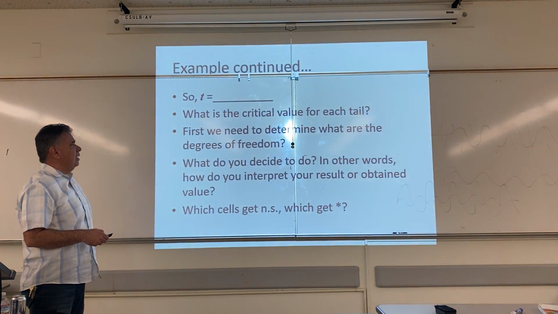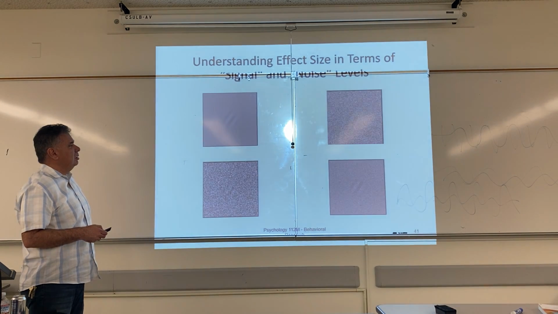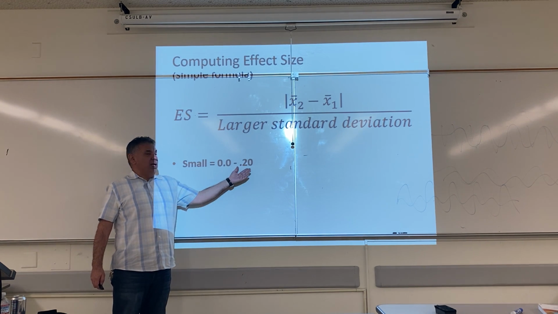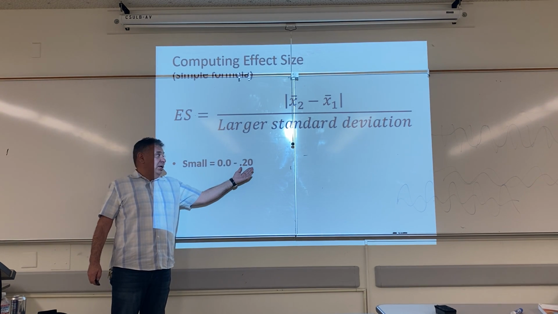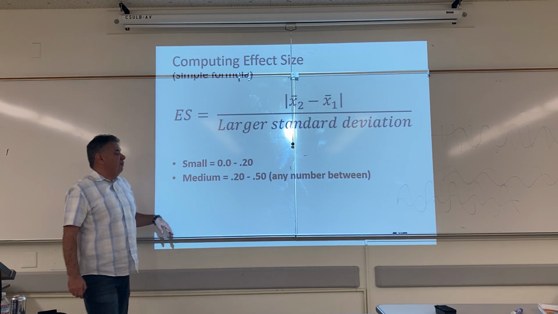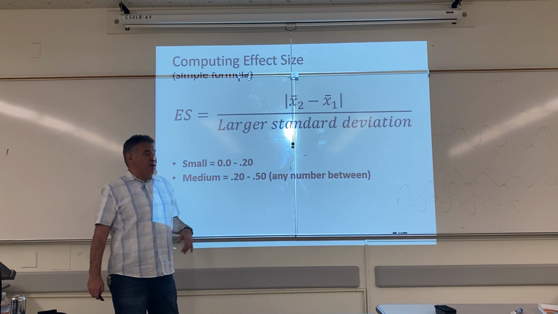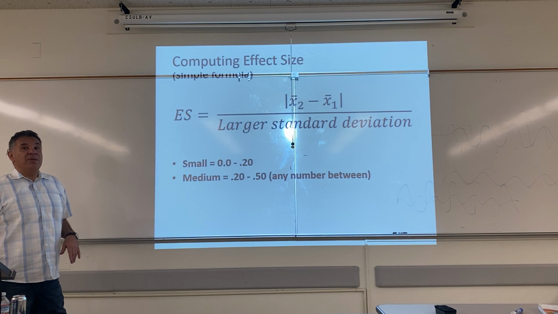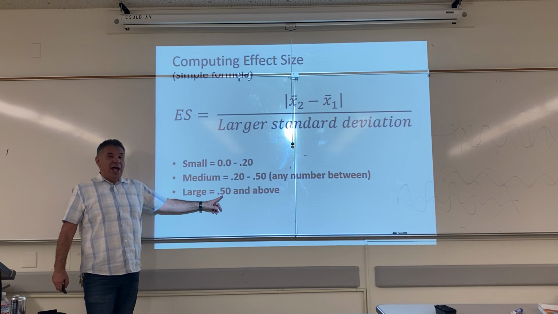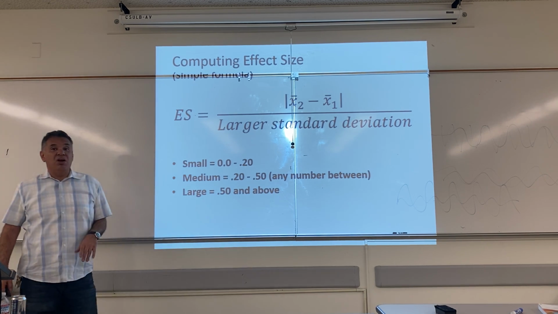Let's take a look at that next. We're going to get our answer, and if our answer is between 0 and 0.2, including 0 and 0.2, this is considered a small effect size. If our answer is any number between 0.2 and 0.5, we consider this a medium effect size. And lastly, if our answer is equal to a half or bigger, 0.5 and above, we consider this a large effect size.